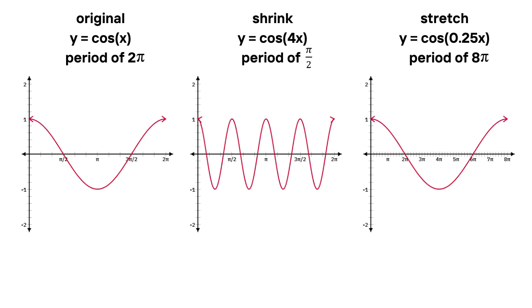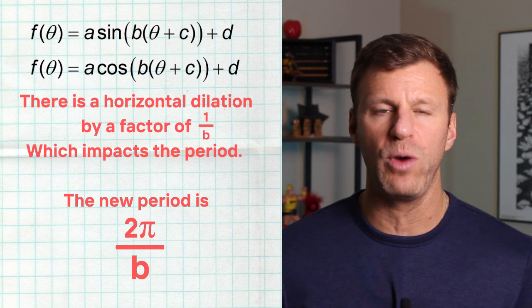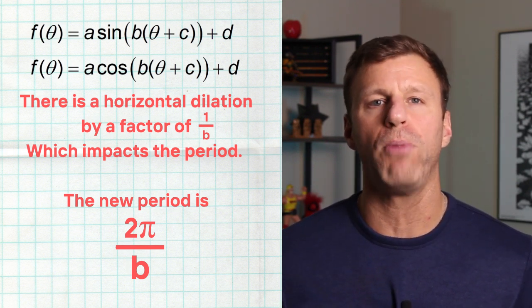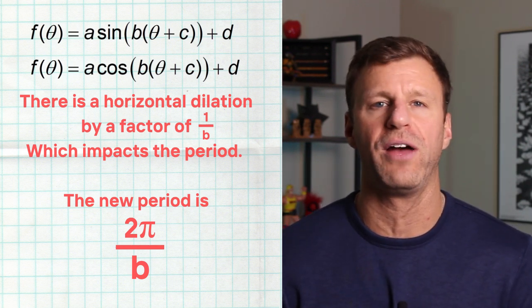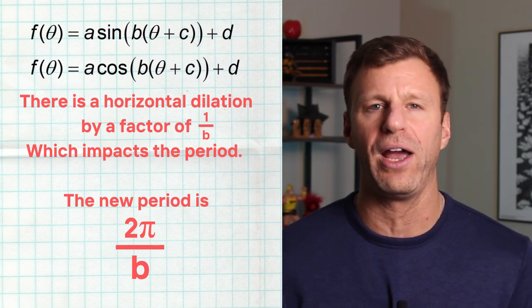But if we stretch that or shrink that, we could affect that period length. And that is going to be done by b. So the new period of a function, sine or cosine, with the transformation is going to be 2 pi divided by b. Because remember, you're multiplying it by 1 over b. That's why it's 2 pi, the original period of sine or cosine, and then multiplied by 1 over b, which is going to create 2 pi over b.